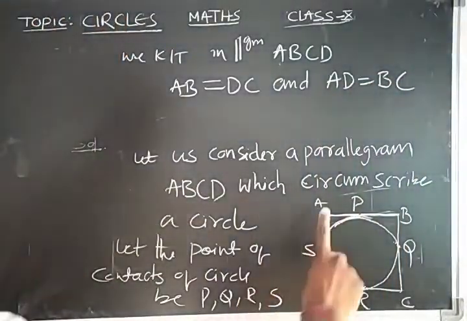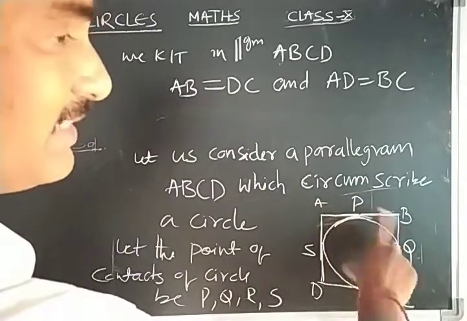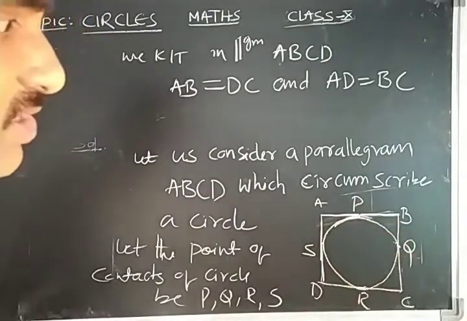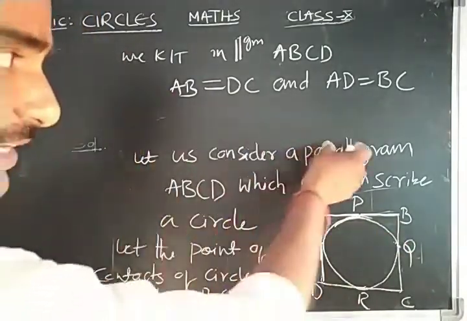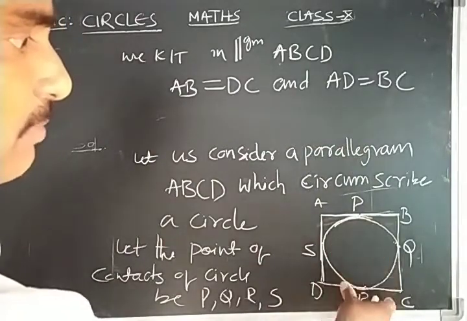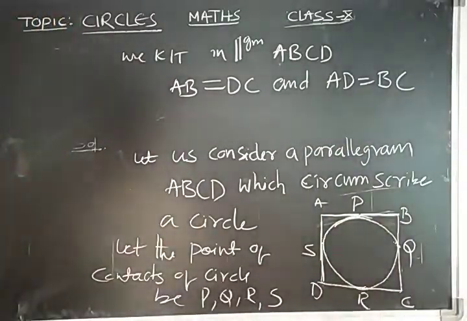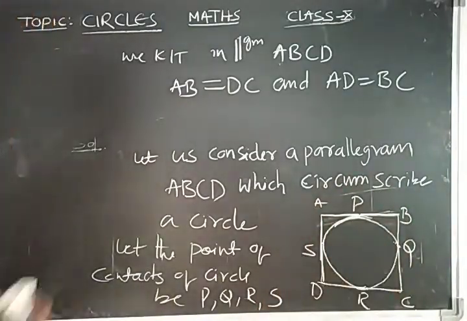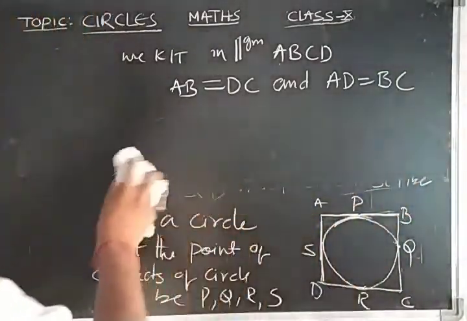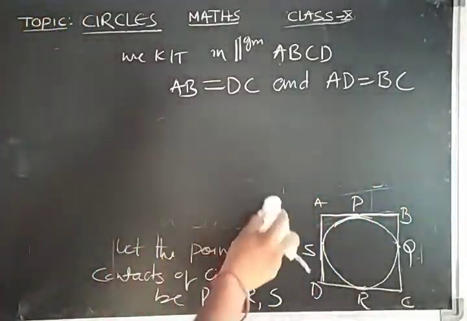Right? What are we going to prove? We are going to prove the parallelogram is a rhombus. What is the difference between a parallelogram and a rhombus? In a parallelogram opposite sides are equal, but in a rhombus all sides are equal. Now I am going to prove all sides are equal. So we have these two conditions, AB equal to DC.